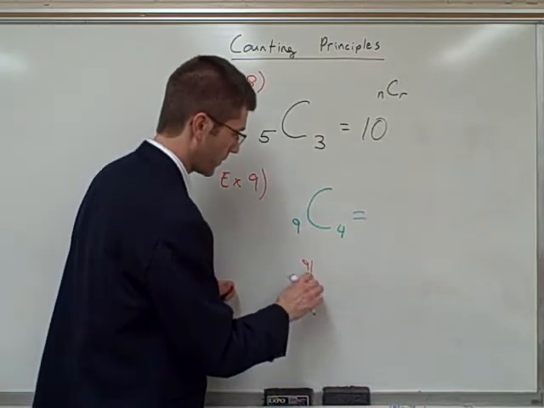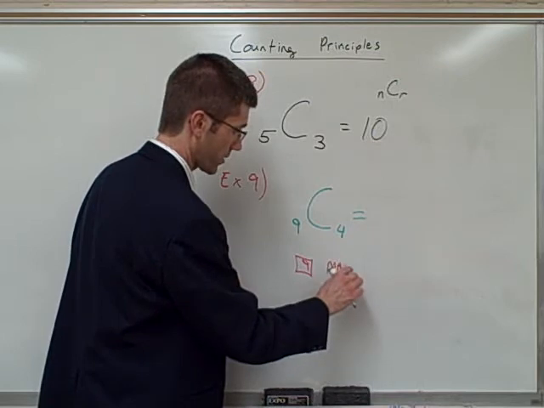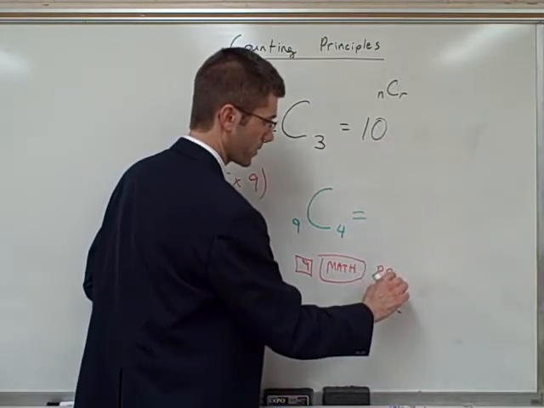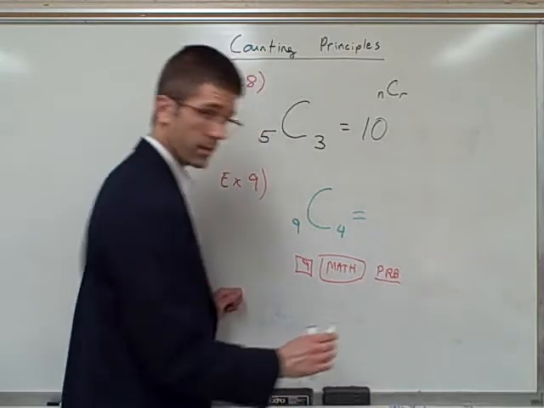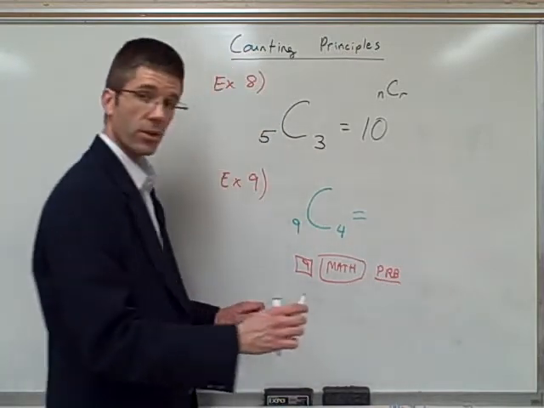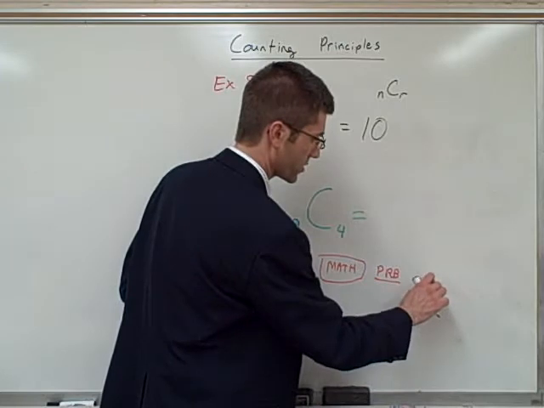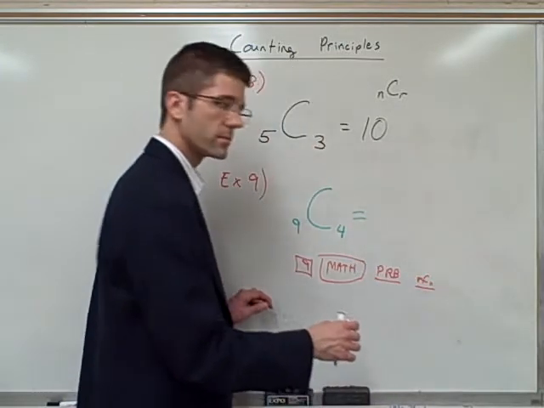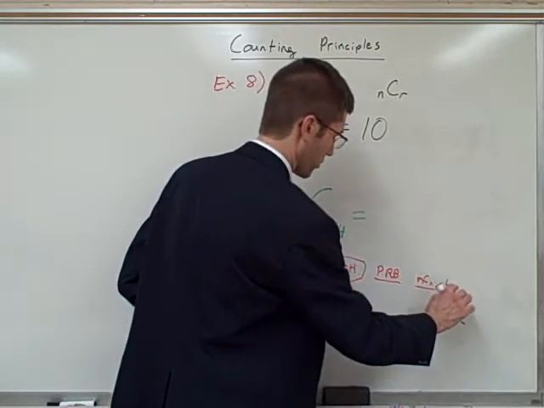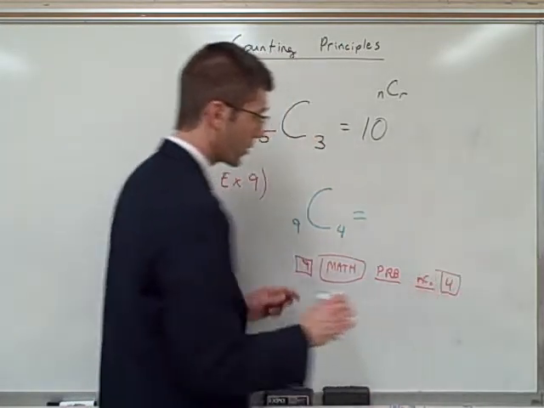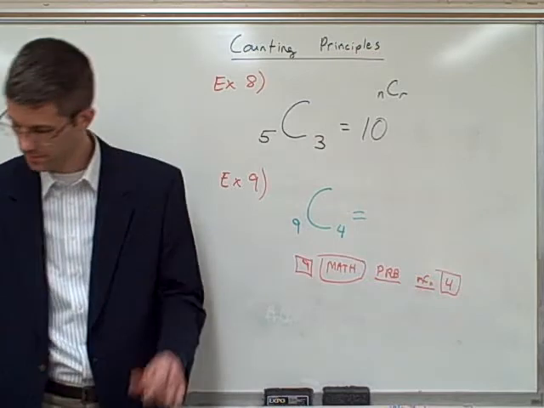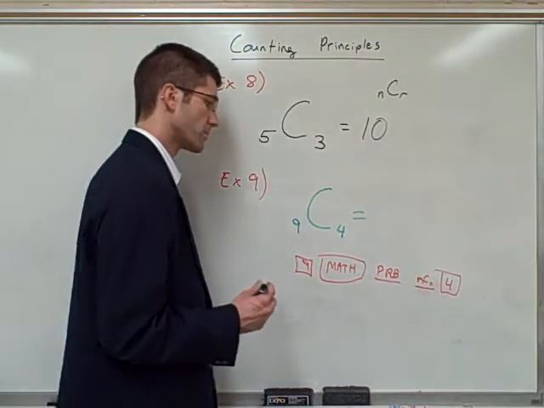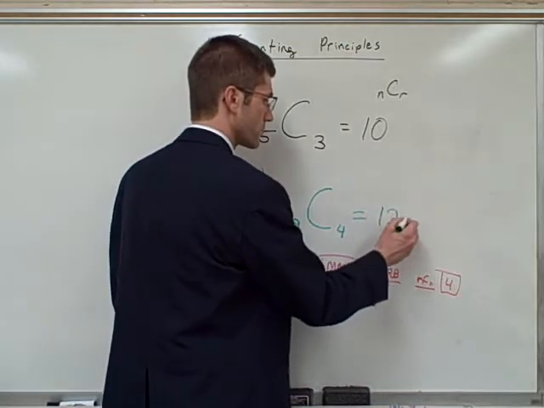You'll press 9, and then you'll press math, and then you'll go to probability. You'll go to that menu right there. And then you're going to go down to the one that says nCr. Choose that. You'll hit enter on that, and then you'll press 4. And when you do that, you get your answer. By this point, you might already have your answer. There we go.